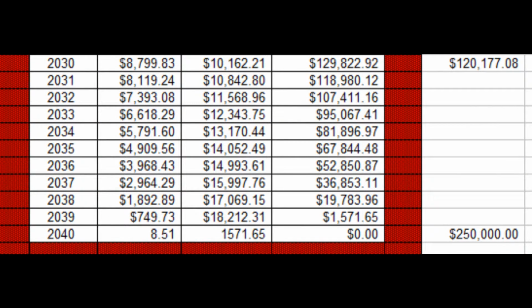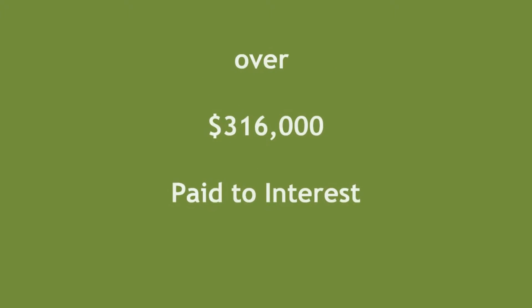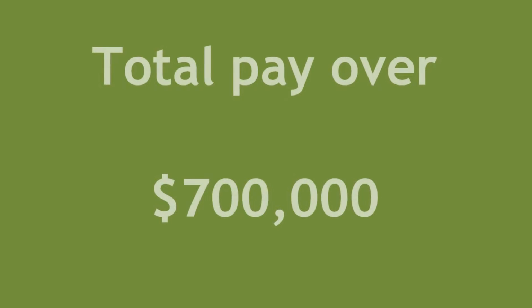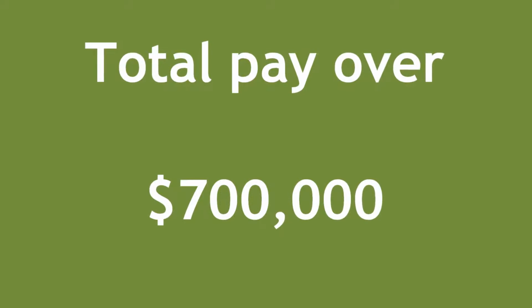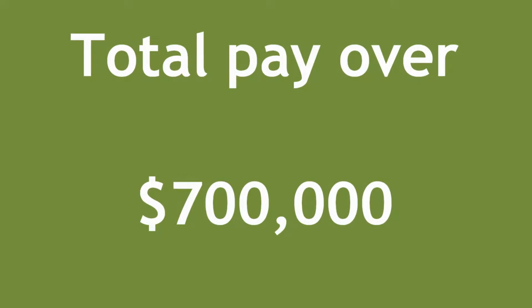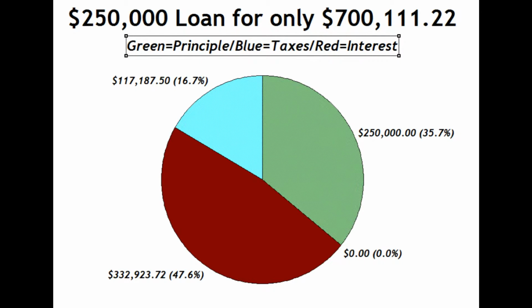And by the term of the loan, you have paid over $566,000, out of which $316,000 have gone to interest, and of course your $250,000 loan. Plus, you have to add the $117,000 for taxes and some other monies, closing of the loans, insurance, etc., for a grand total of over $700,000.